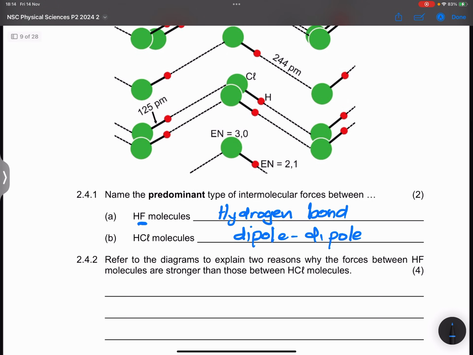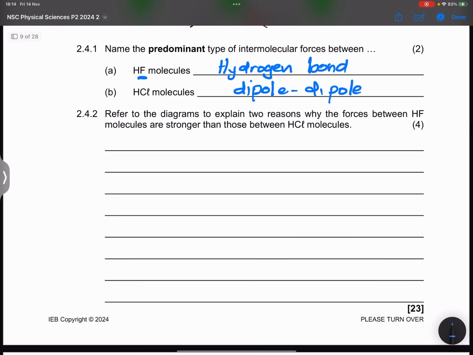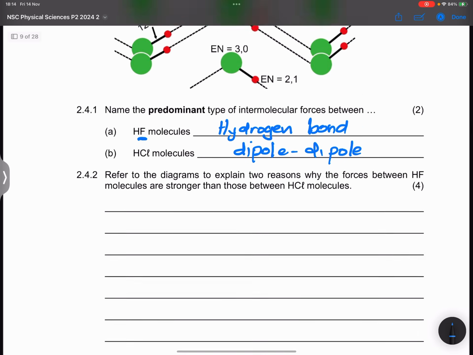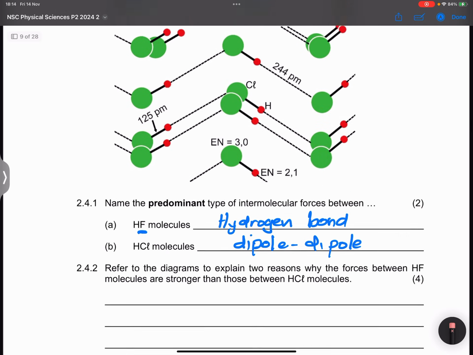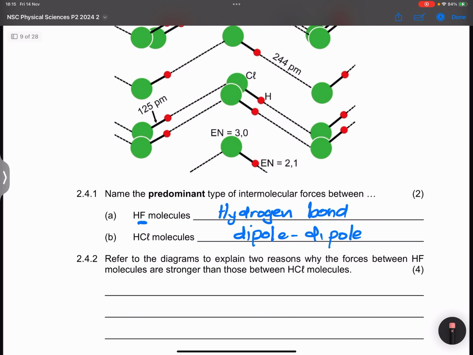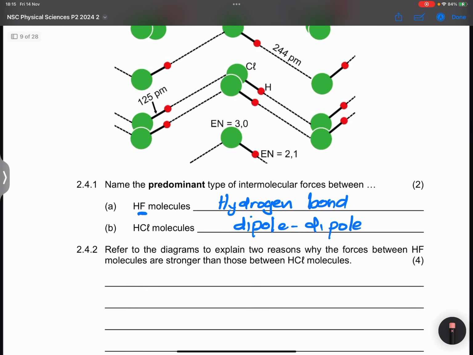All right, now they say to us, refer to the diagrams to explain two reasons why the forces between hydrogen fluoride molecules are stronger than between hydrogen chloride. Please, I want you to note, we know that hydrogen bond is much stronger than dipole. We know that for a fact. But what would be the cause of that?